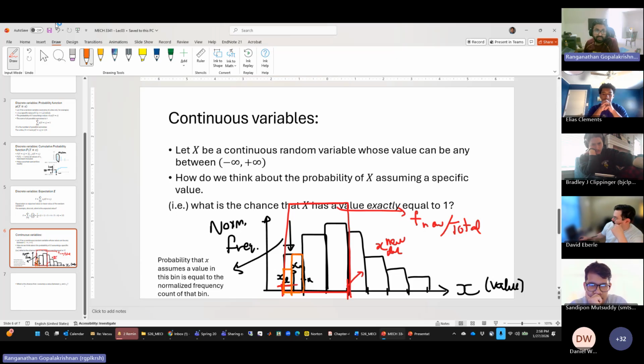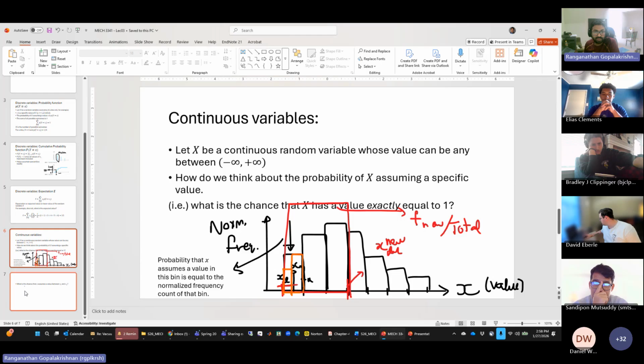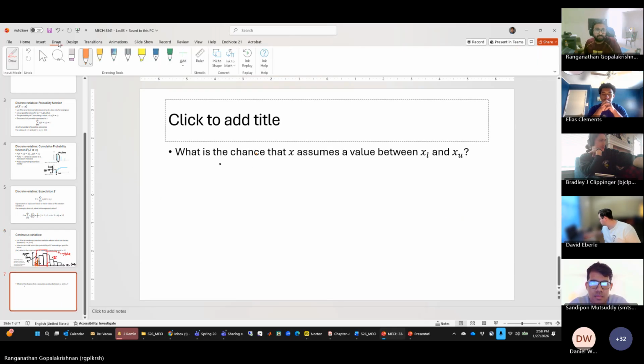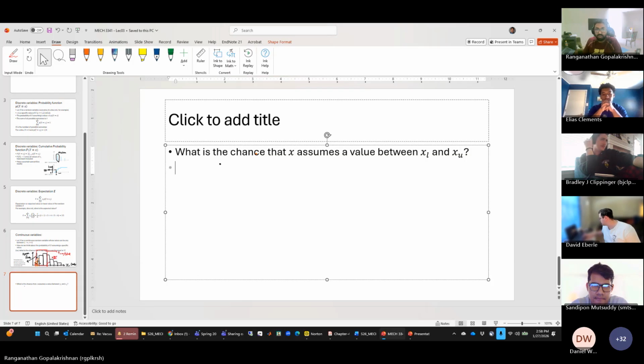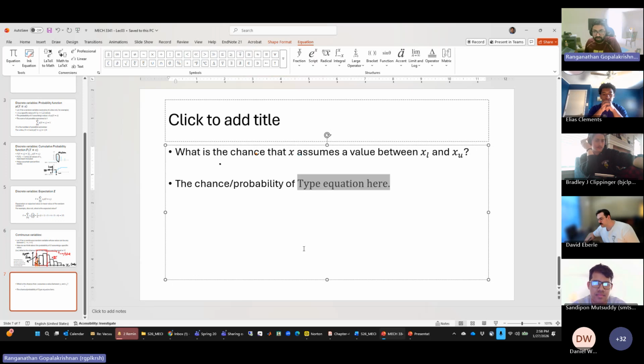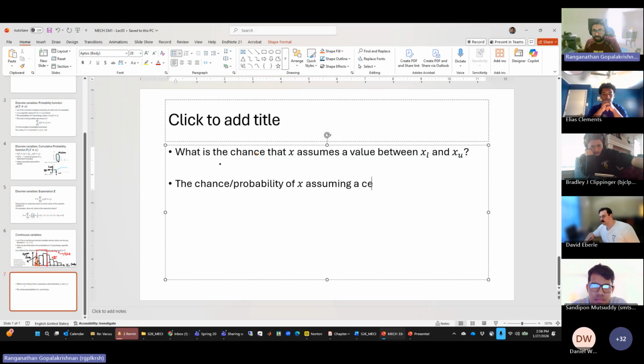So the first observation is that the chance or probability of X assuming a certain value, or X assuming a value in a certain range, actually scales with the width of the range.